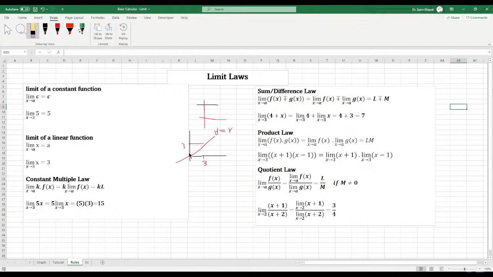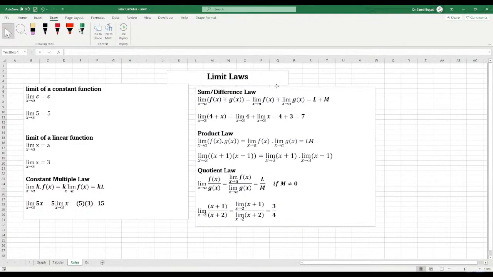Now, let's get the next law. The next law is the sum and difference law.